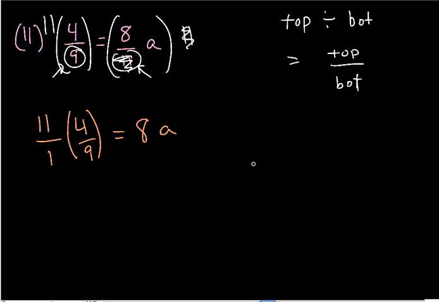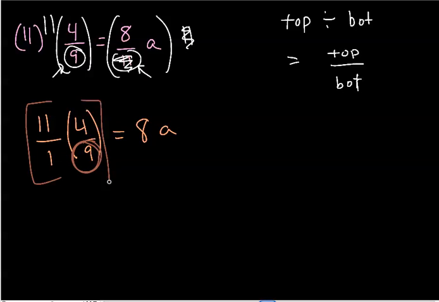Okay? Now I haven't gotten the a by itself, so what should I do? Well, the 8 doesn't bother me as much as this 9 might, right? The 9 is in the denominator. A 1 in the denominator really doesn't mean much because 11 over 1 is the same as 11. So I want to get rid of this 9. How do I get rid of the 9? The same way I got rid of the 11.